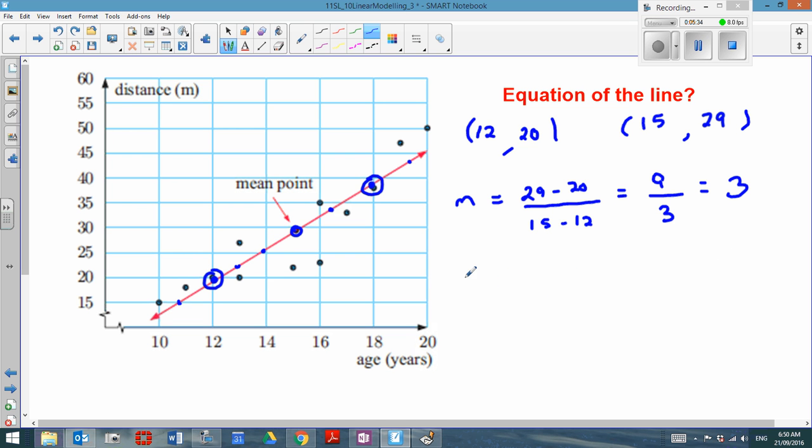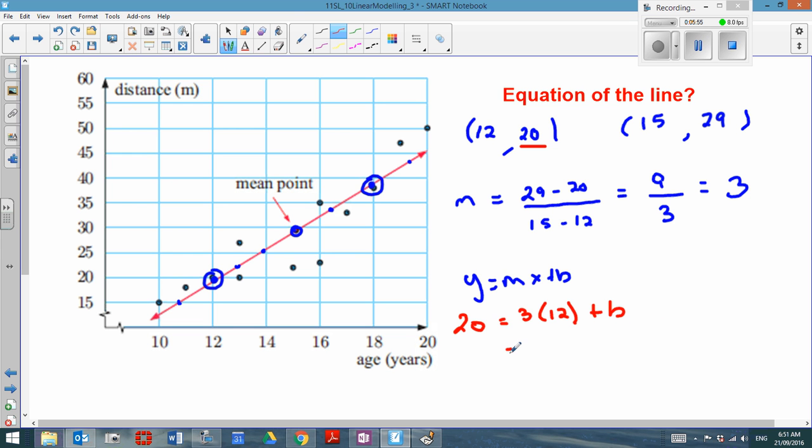Once we have the gradient, we also need a y-intercept. We can use our equation y equals mx plus b and substitute in one of our points. Let's say we'll use 20 as our y, our gradient is 3, our x value is 12, that corresponds with 20, and then plus b.